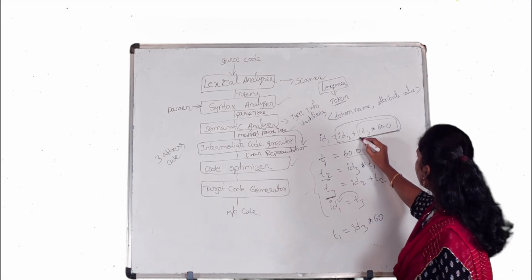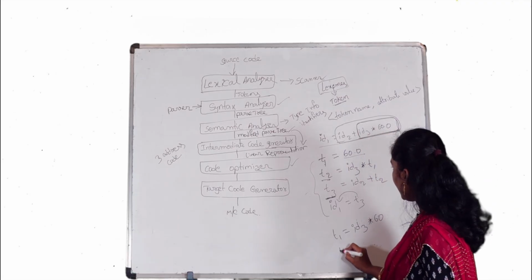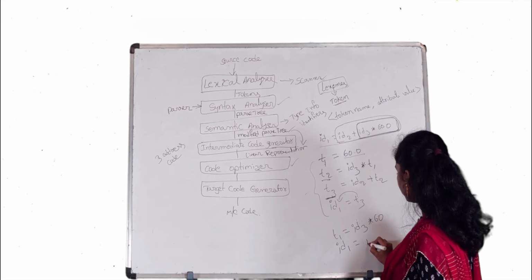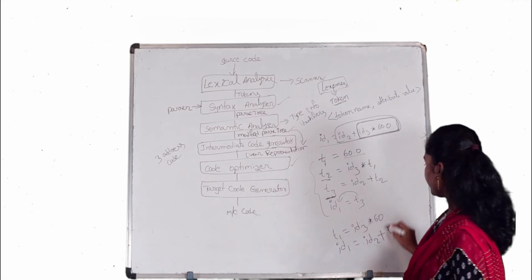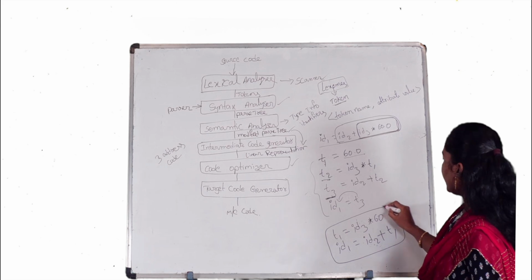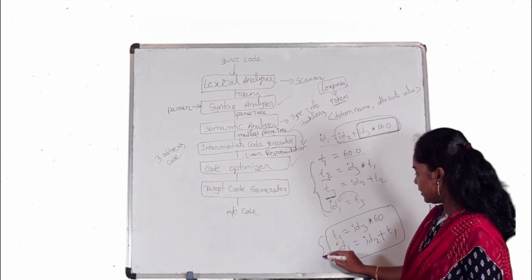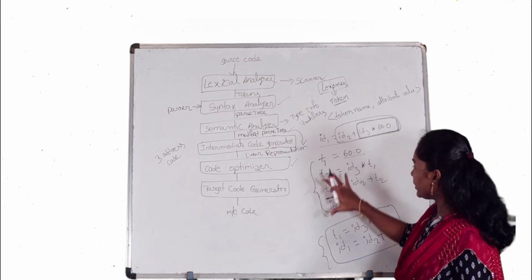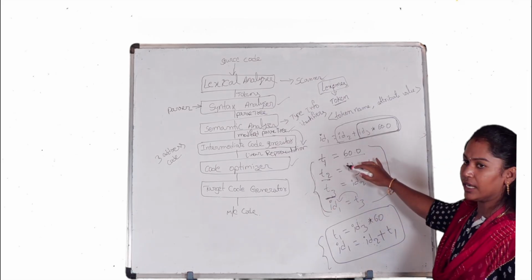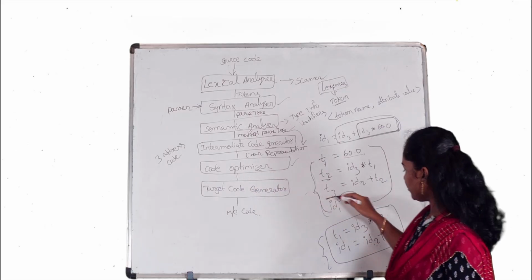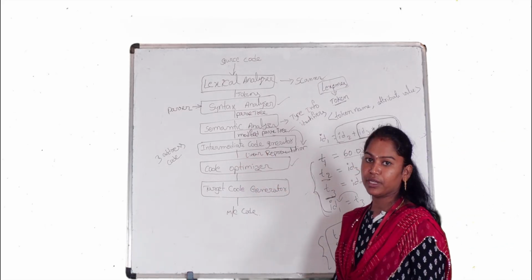Now we are storing these 2 variables into one temporary variable, and id1 equals id2 plus T1. So instead of writing 4 lines, we wrote it in 2 lines itself. So we reduced the number of lines. Here we wrote 4 lines, and by using the code optimizer, we reduced them into 2 lines. So that is the role of the code optimizer.